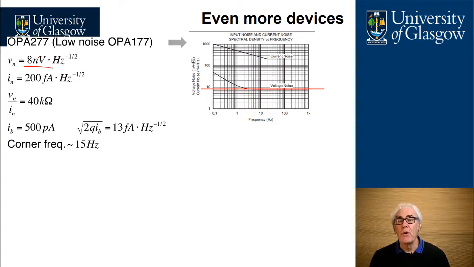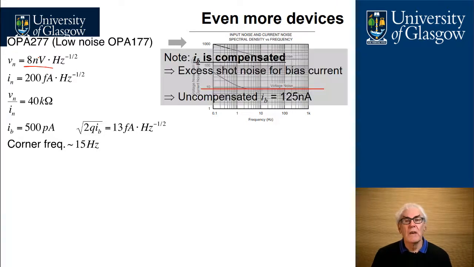Looking at even more devices, here we have a typical low noise OPA177. This is a MOS amplifier, and looking at the noise from the graph here, it's important to note that the bias current in this amplifier is compensated for. So we end up with excess shot noise due to the bias current compensation. The real bias current that we would have without bias compensation would be about 125 nanoamps.